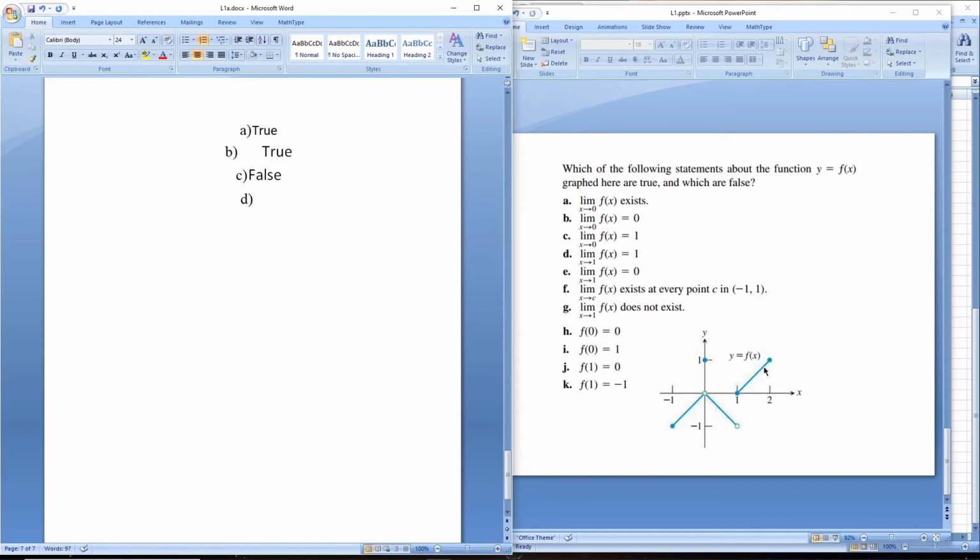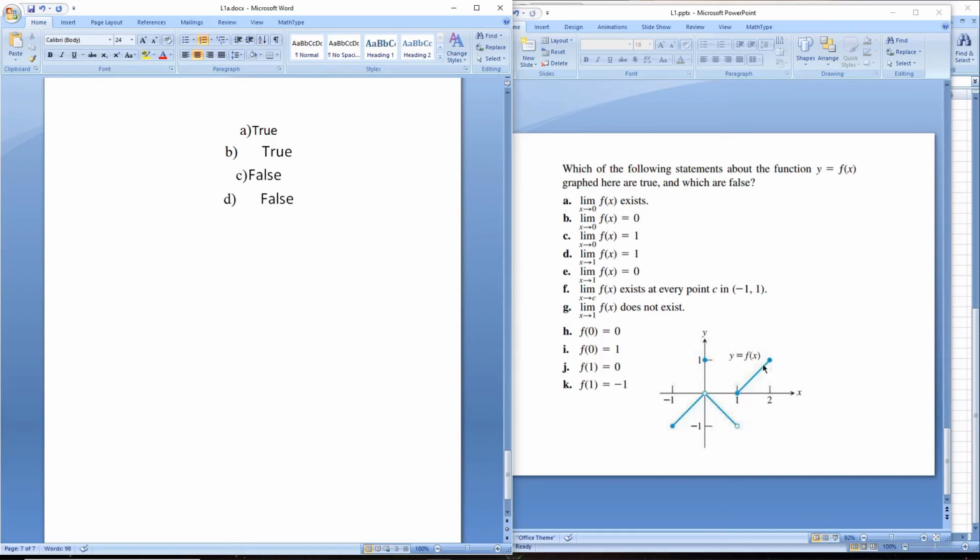If we look to the right and we follow the function, as we get closer and closer to the input, we are now at a height of 0. So the left limit is down here at -1. The right limit is up here at 0. These do not equal, and thus the limit does not exist. And so D is false. There is no two-sided limit at 1.